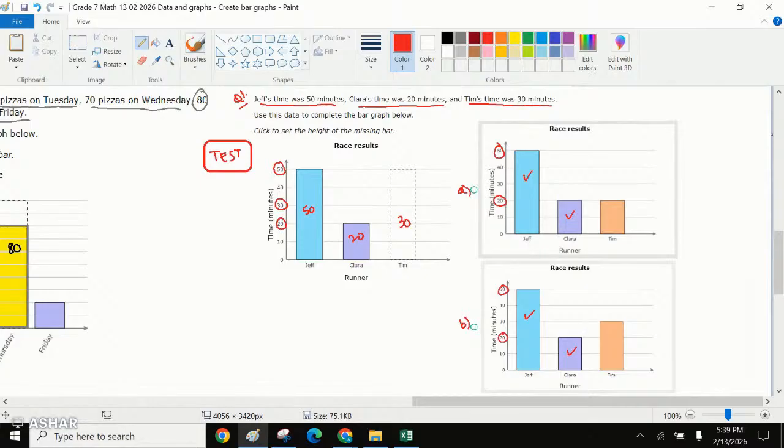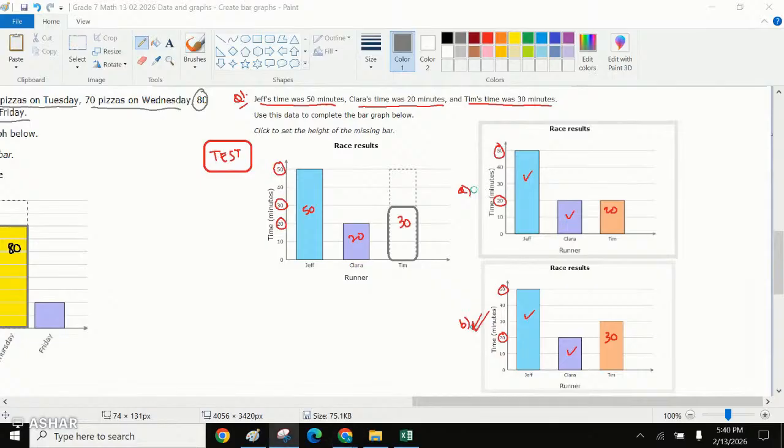This was 30. No, this is 20. This has to be 30. That means option B is the correct answer. Agreed? That means when we draw the graph, this has to be till 30, one box more than 20. Okay? So option B was the correct answer. So we only had to choose between the given values.